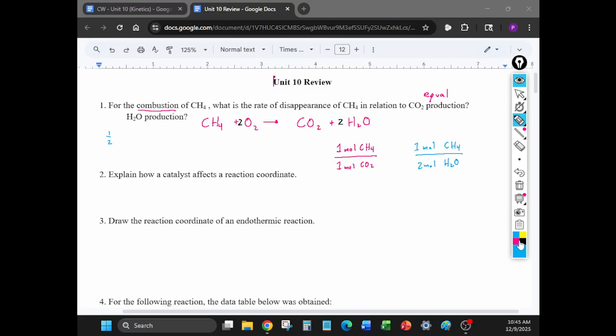So if we wanted to be a bit more detailed with the way that we wrote that, we would say that the rate of disappearance of CH4 is 1/2 H2O production. Okay, so the rate of disappearance of methane is 1/2 H2O production.